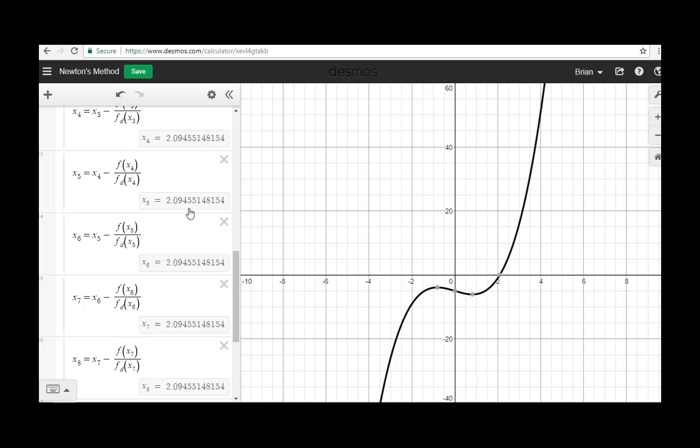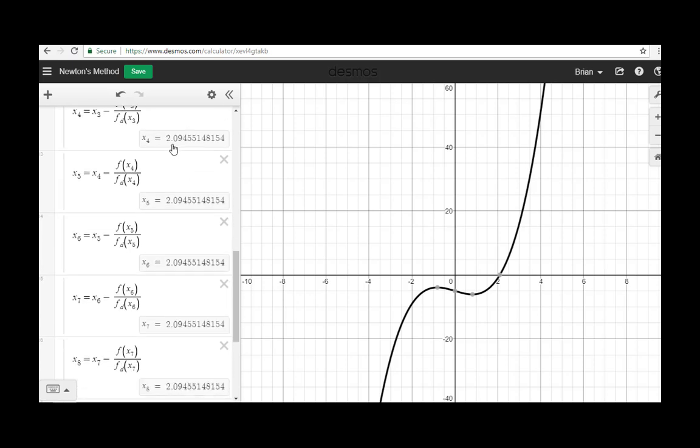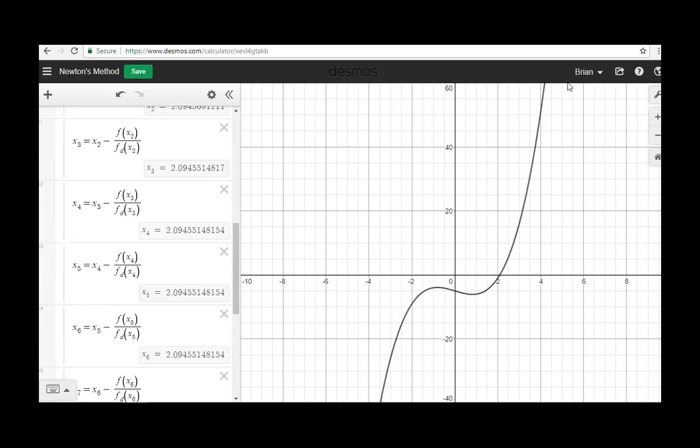We look at x5. Well, check that out, man. So notice that at this point we have no more error all the way out to the end decimal place here by Desmos. So it looks like it took getting to x4 to have an extremely accurate x value here.